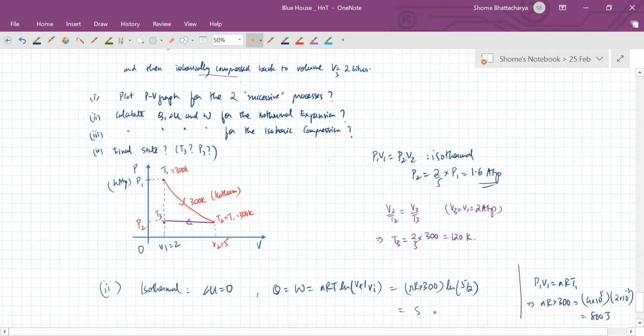So this is 800 ln 5 by 2. Okay. So Q is equal to W is equal to this much. And delta U is 0 for the isothermal process.